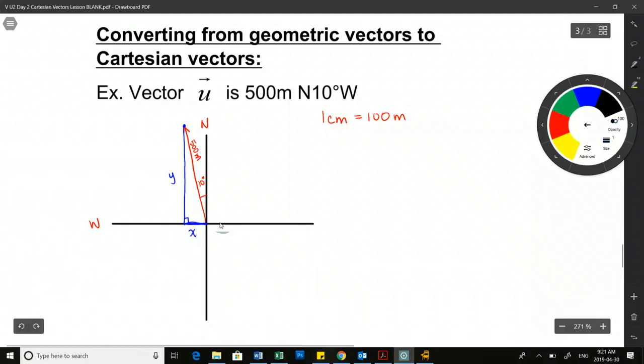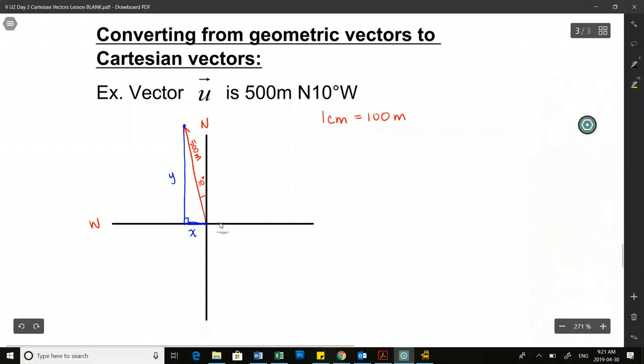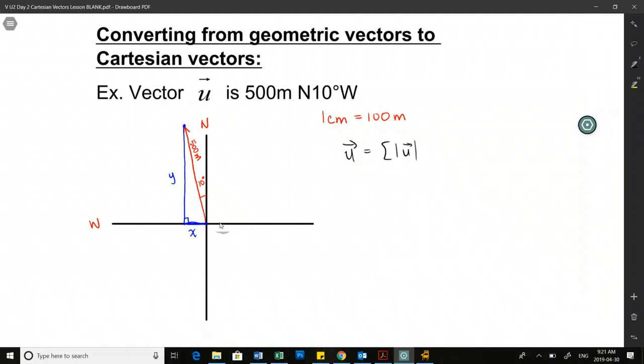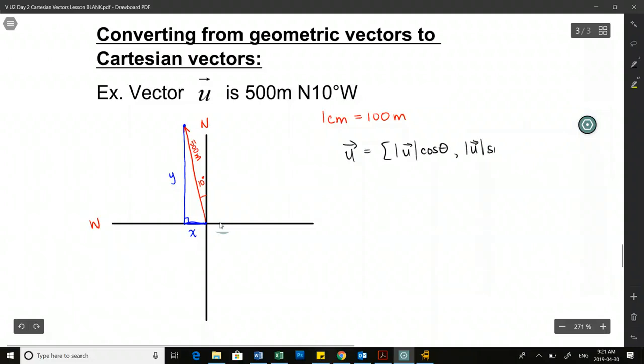Okay, so I'm going to show you guys a little short form, and then I'll explain to you why this exists. But essentially, if I want to find vector u, we are using kind of what we used with our forces when we separated into our perpendicular force components. We're going to have the magnitude of u times the cos of theta to get our x-coordinate, and then the magnitude of u times the sine of theta.